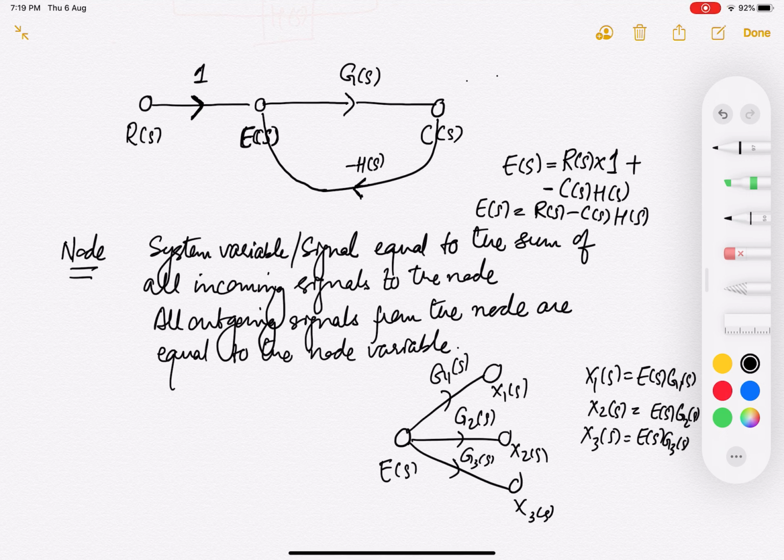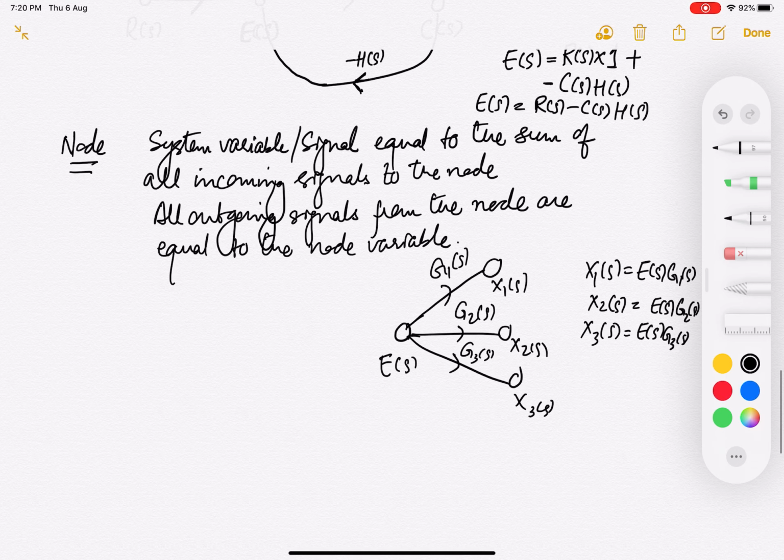So when you pick up the signal ES and multiply it with different gains or different transfer functions, all outgoing signals from this node are equal to the node variable, so it does not get divided.